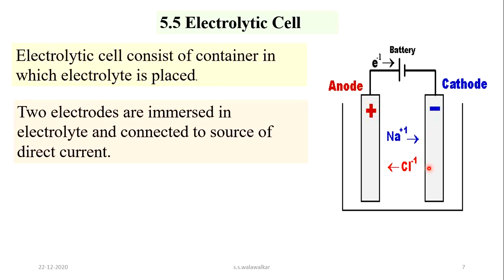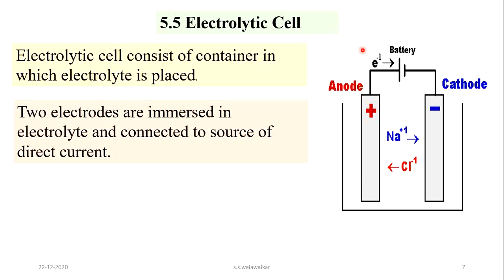these are connected to a source of direct current, that is a battery. Such a container is there, and in this container any electrolyte, here sodium chloride, any molten or aqueous electrolyte is taken, and in this electrolyte the graphite rods or platinum rods are dipped, and these rods are connected to the source of direct current, that is a battery.